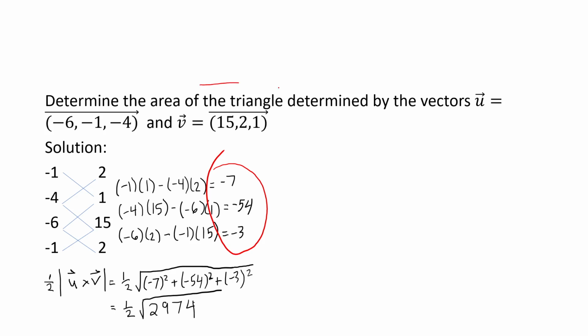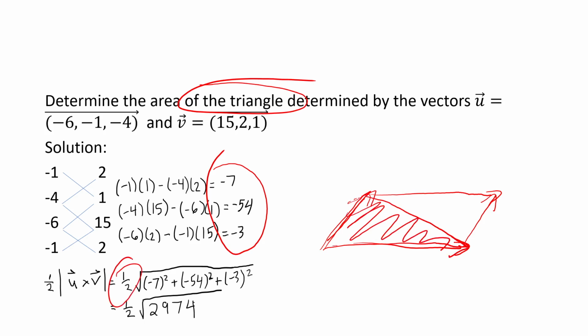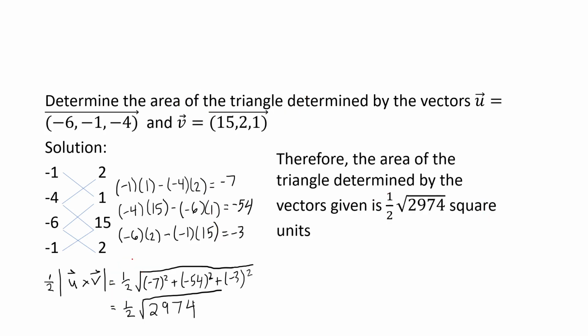But since we're determining the area of the triangle and not the area of the parallelogram, our area will be 1/2 of that. The reason being, if I have vector A and vector B, if I'm looking for the parallelogram, that'll be this whole area here. But if this is vector A and this is vector B, and I only want the area of the triangle, that's going to be 1/2 of that parallelogram. So that's why we put a 1/2 in front there.